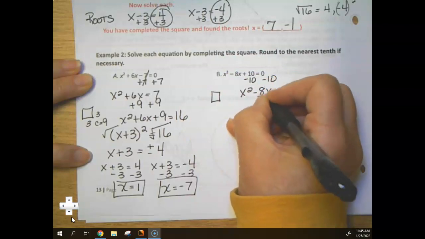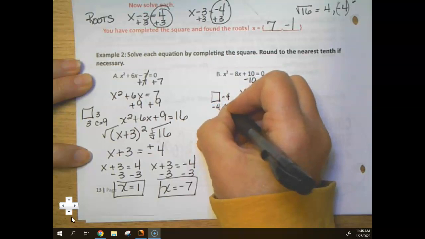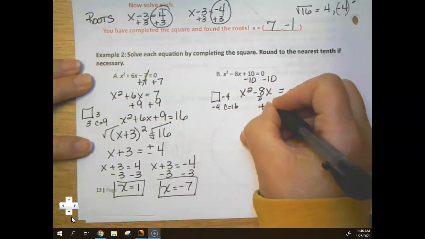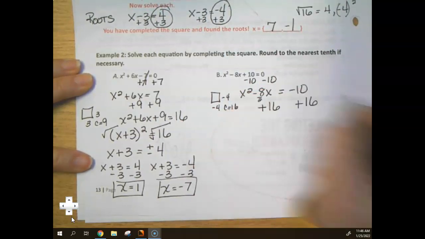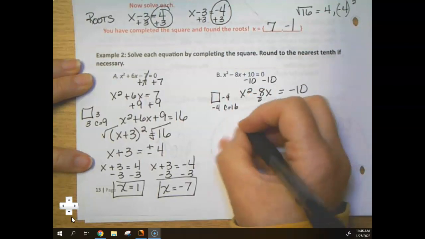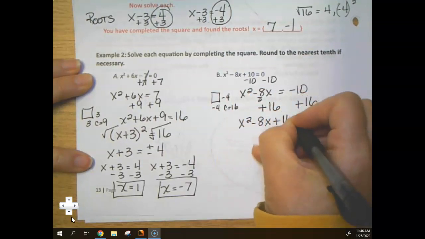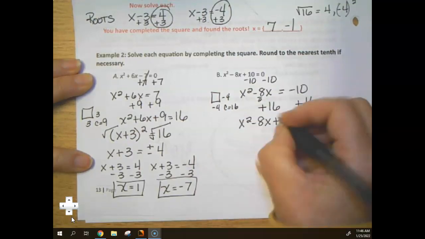So that's basically dividing this by 2 to make this a negative 4 by negative 4. So C equals 16. So I need to add 16 to both sides. Okay. This becomes x squared minus 8x plus 16. We've got a perfect square going on.